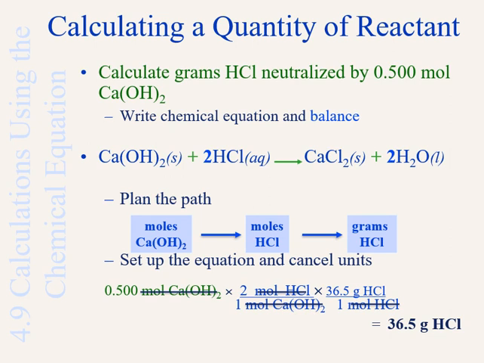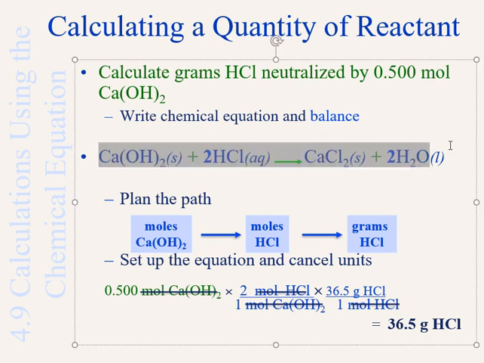Here is another example. Calculate grams of hydrochloric acid neutralized by 0.500 moles of calcium hydroxide. And here is the equation. Sometimes you are not given the equation. Not only do you have to write the equation, you have to balance it correctly as well.